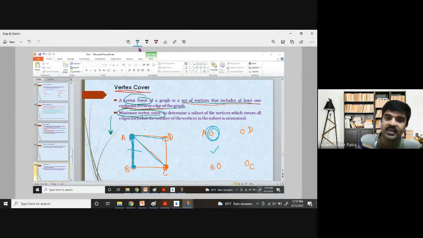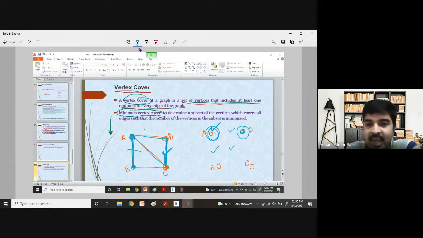A is covered, so I need not consider C. So all these edges are over. Consider this edge. So far in my vertex cover, A is the only option there, and for this I need to have at least one endpoint to be part of my vertex cover. So I randomly choose D. So this is also covered.